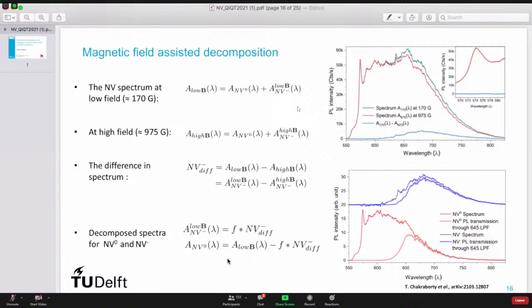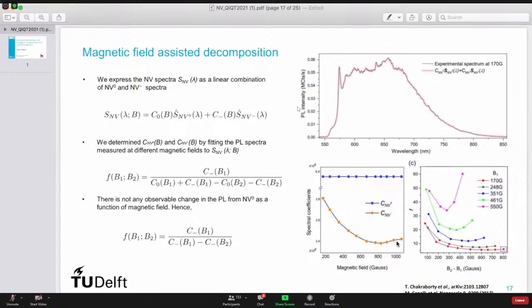So we basically fix the value of F at 6.2. Now, the resultant spectra which we got from the spectral decomposition analysis are shown here. This is the blue curve, which is the NV minus spectrum, and the NV0 spectrum is shown by the red curve.